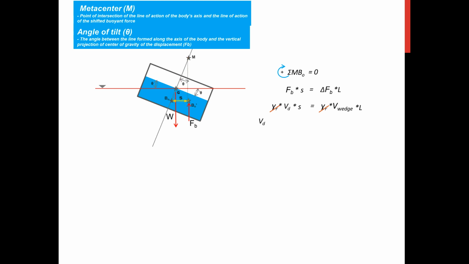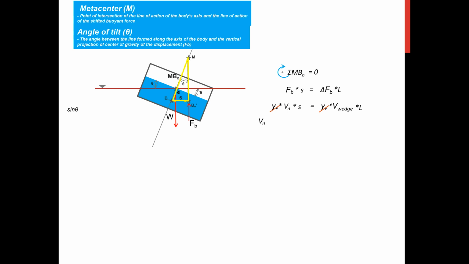Now S can be calculated using this triangle here. This is a right triangle having a theta. Now, the hypotenuse of this triangle is MBO. Why MBO? Because that is the distance from M to BO.